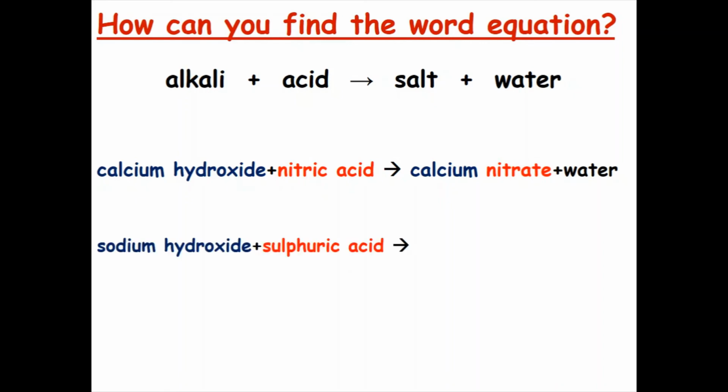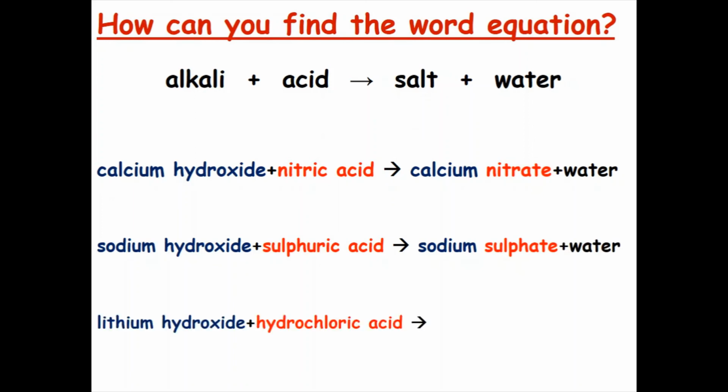Let's look at another example. Here we have sodium hydroxide plus sulfuric acid. The name for the salt here is sodium sulfate, and again we have to add the water in the end. Now for the next example, have a go at this yourself.